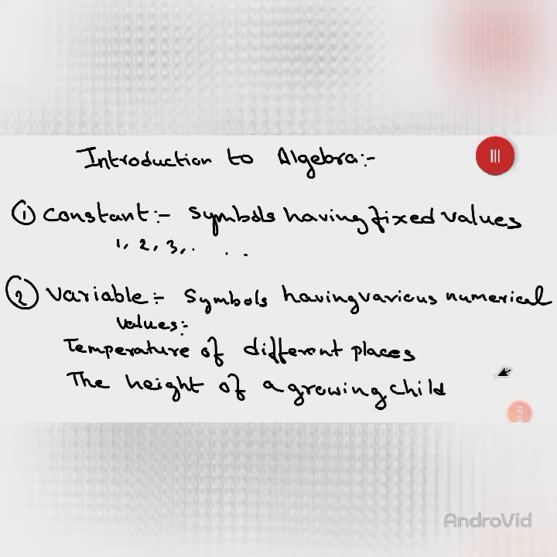They can be of any value and they are constantly changing. So we represent it by X or Y, Z, okay? Any alphabetical symbols.